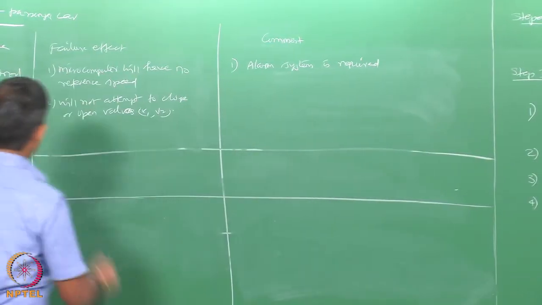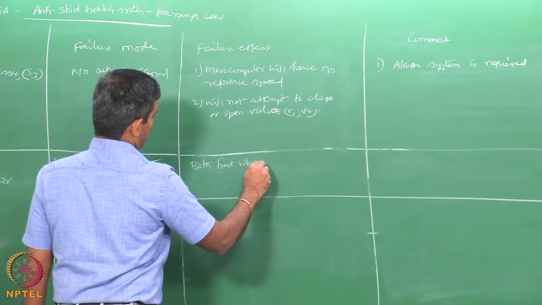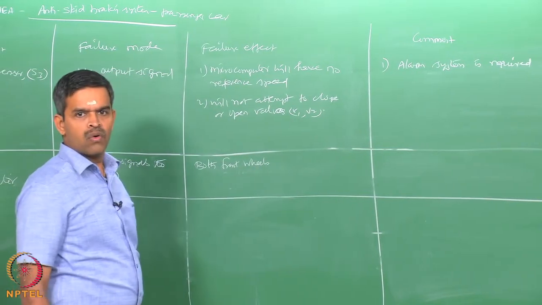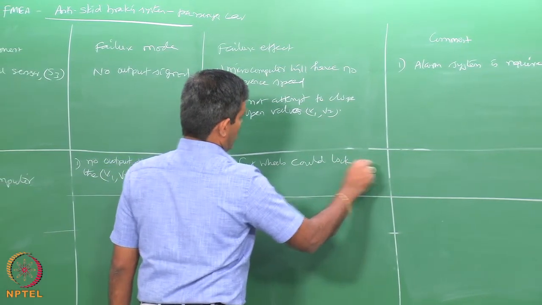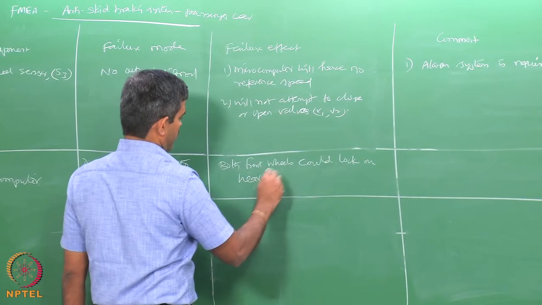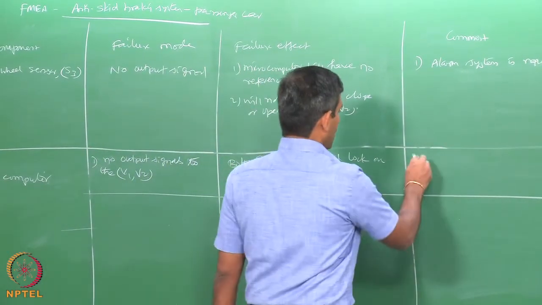So, both front wheels could lock on heavy braking. Action could be alarm system is required.